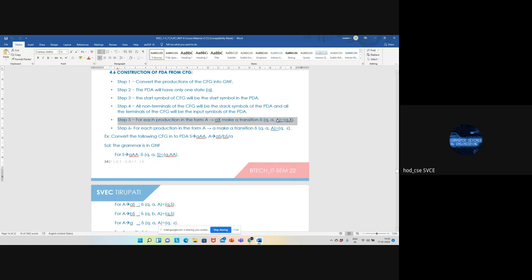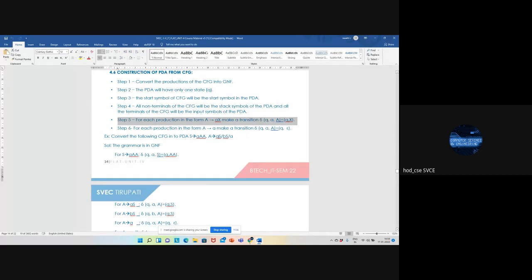Here capital A means the left hand side symbol. In S tends to aA, the left hand side symbol is S. That is equal to some state (q, X). X means whatever symbols are present after the terminal. After a, the symbol A is present, so this A will be the transition function. So the first one is completed.